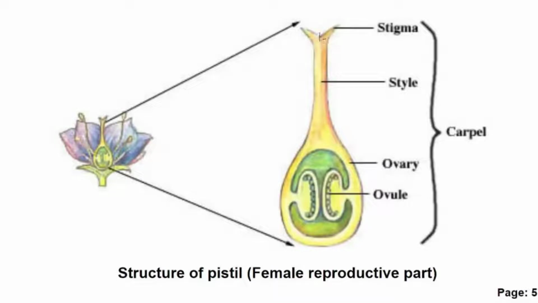It is sticky, and when the pollen grains land on it, it sticks the pollen grains. And this is the style. The style connects the stigma to the ovary, and the ovule is stored in the ovary. So the stigma, style, and ovary are the pistil or the carpel.